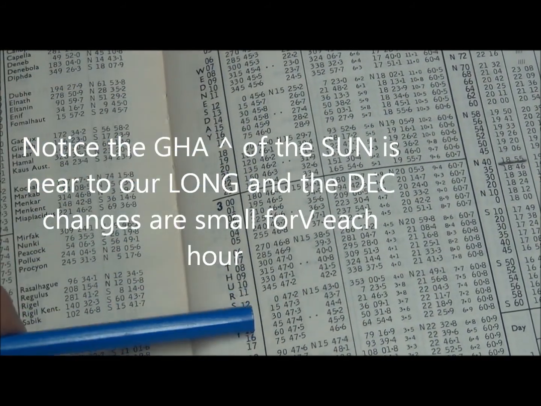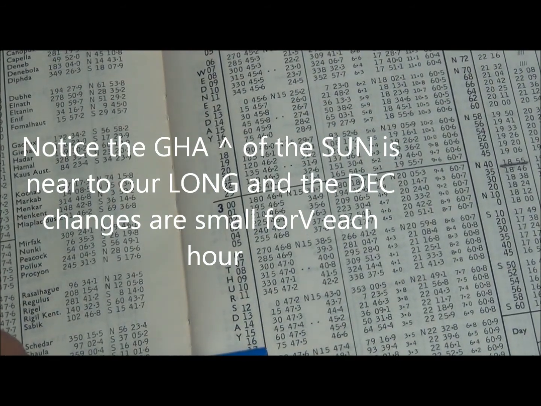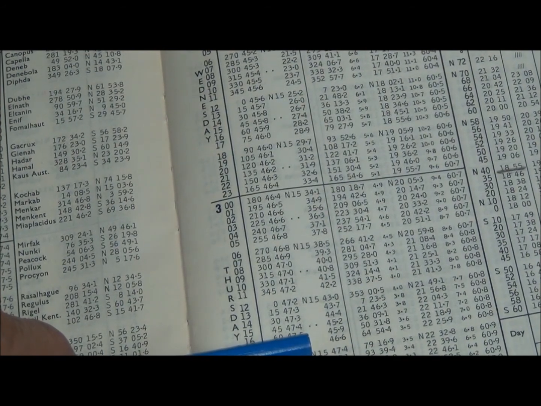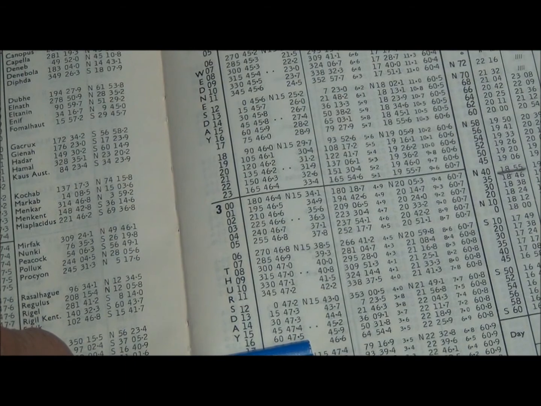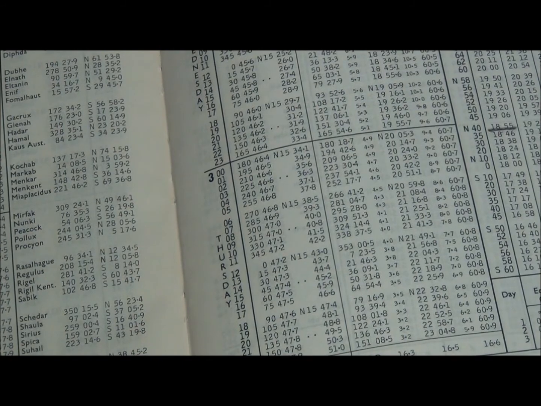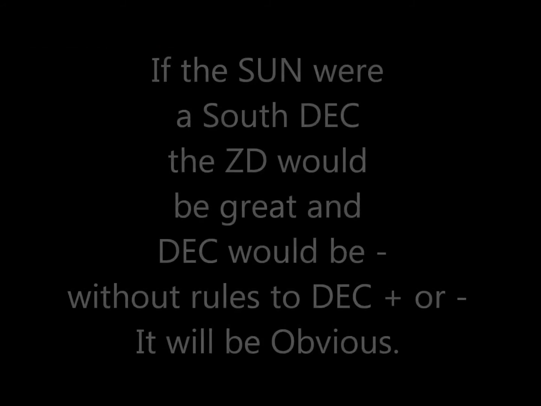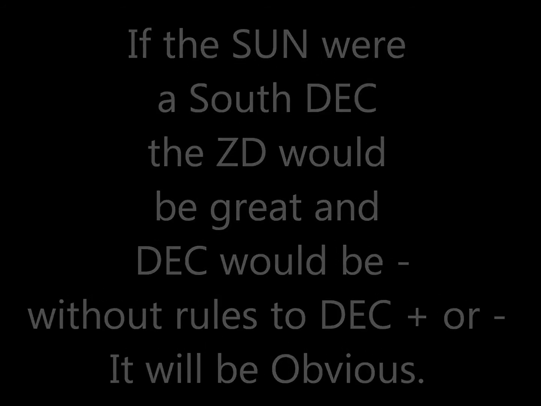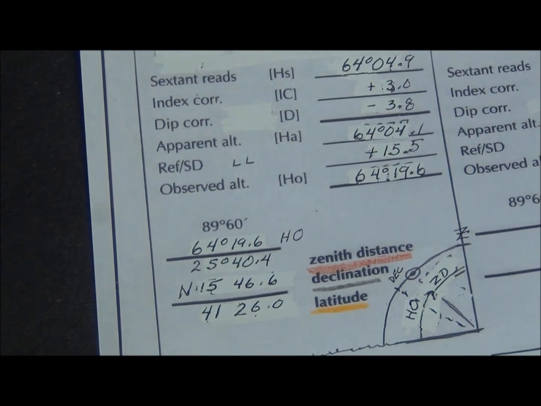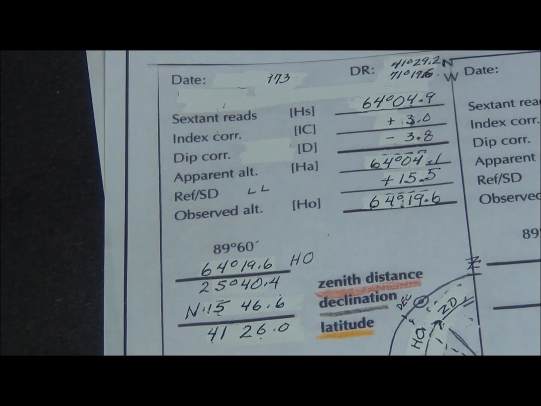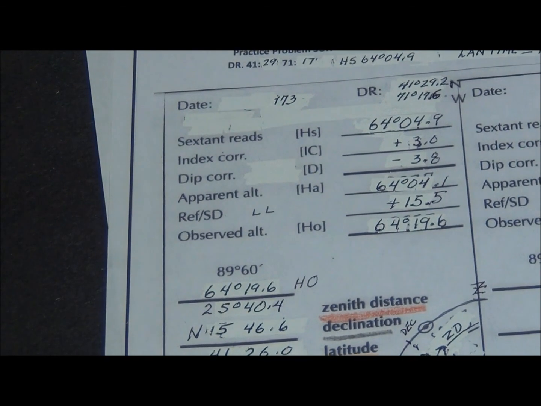Under the sun, for 1700, we pull out a north 15 46.6. And this is the declination of the sun that we put on the form. So by adding those together, we come up with 41 26.0, and that is the latitude that we are at the present time.